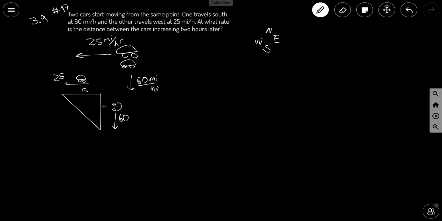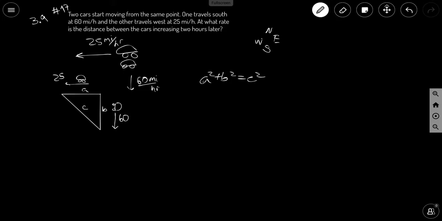So we're going to be using the Pythagorean theorem because it's a triangle. And we're given the rates. We're not given an actual distance. So the Pythagorean theorem is a squared plus b squared equals c squared.